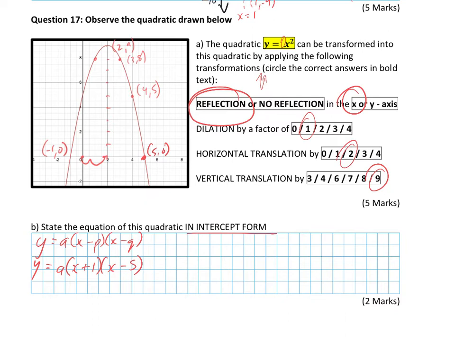We don't know what a is, so let's look at a point on it, which is the y-intercept, (0, 5). So when x is equal to 0, y is equal to 5, so y is equal to a(0 + 1)(0 - 5). 5 is equal to a times 1 times -5. 5 is equal to a times by -5.